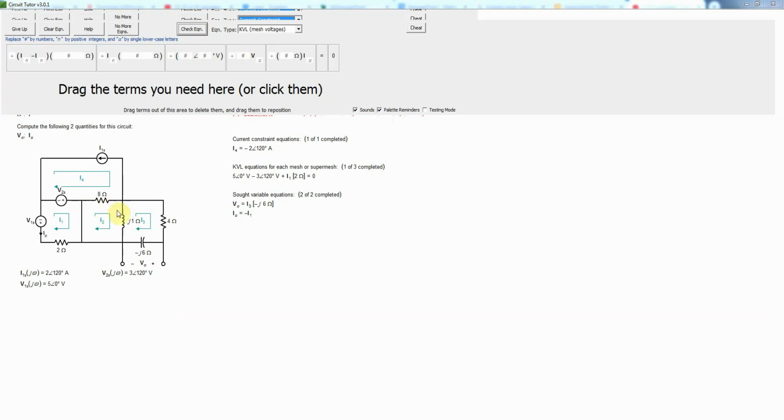Now next we're going to do one for mesh 2, and there's only 2 elements in mesh 2, and each of them involves a difference in non-reference mesh currents. So we'll add those 2 together, and that will have to sum to 0. So let's start down here. We go across the 8 ohms. I2 goes in that direction, so it'll be I2 minus the current going the other way through the 8 ohm, which is I4. And that will multiply the 8 ohms.